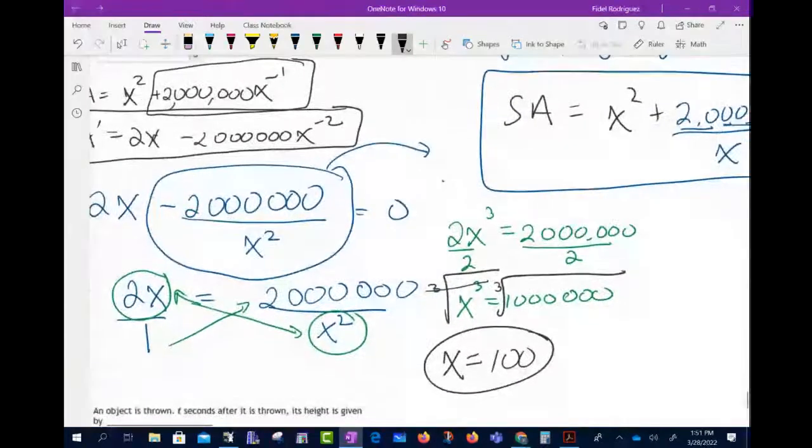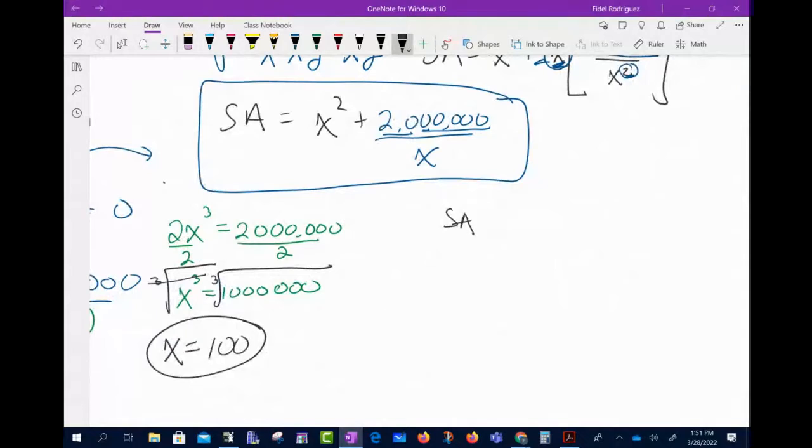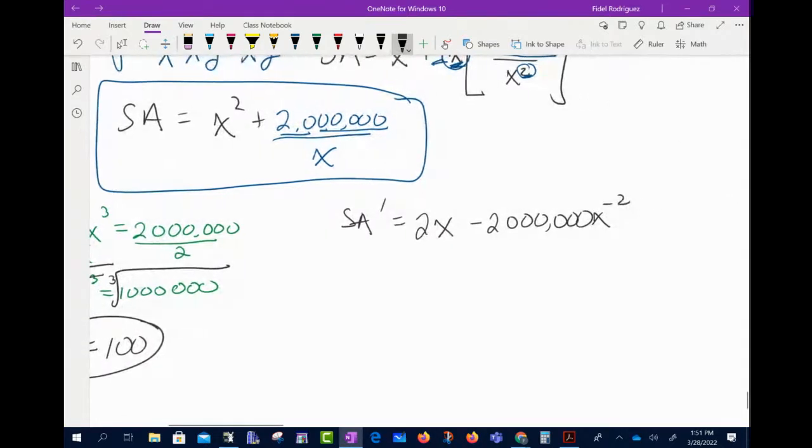So let me do this over here on the side because I'm kind of running out of room. So the first derivative was equal to 2x and then a minus 2 million x to the negative 2. So if I'm going to find the second derivative, what's the derivative of 2x? 2, right?